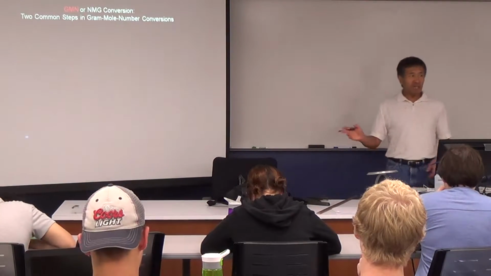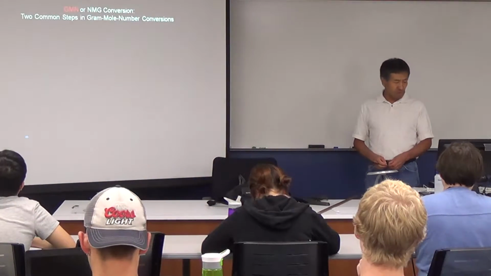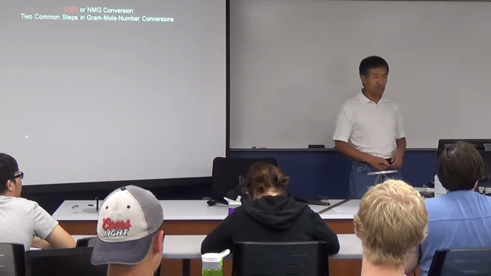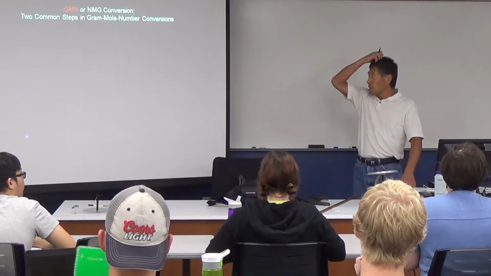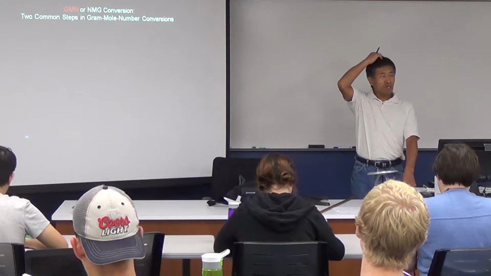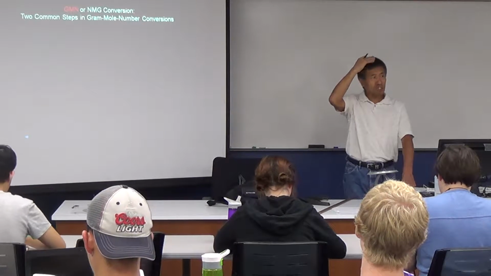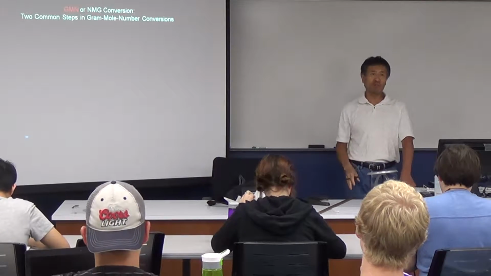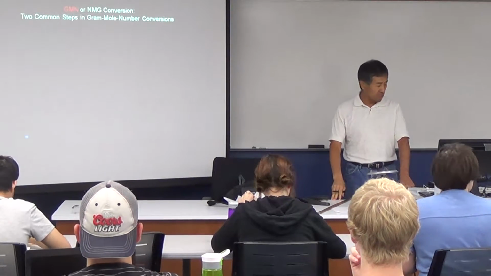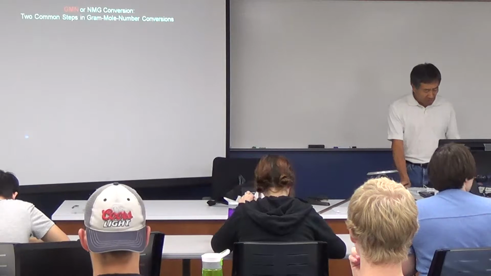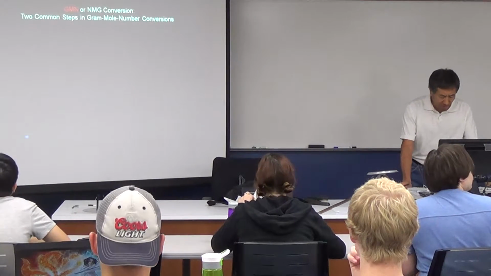Right, so I added this slide to summarize, because otherwise I would write on the board. To summarize what we learned in Chapter 2, we are going to use what we learned in this chapter to repeat these few important conversions. I even give them a special name, GMN or NMG. G stands for gram, M stands for mole, N stands for number.